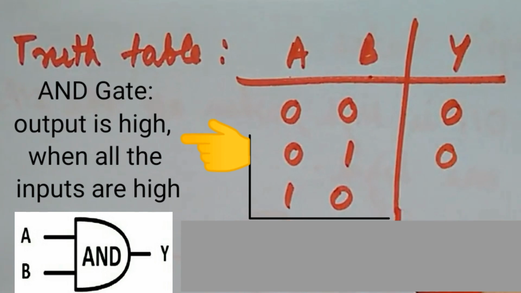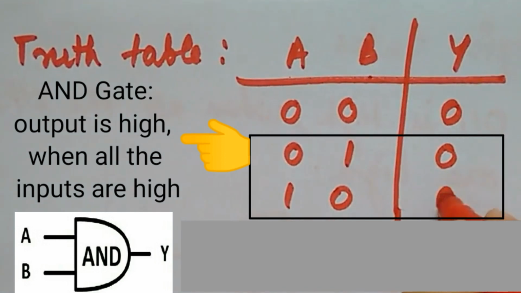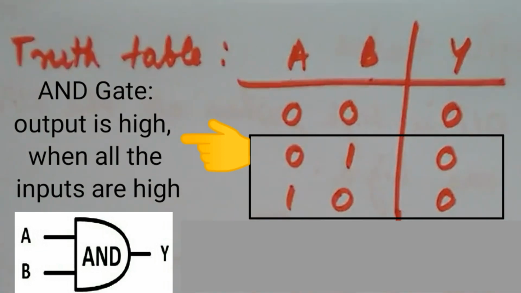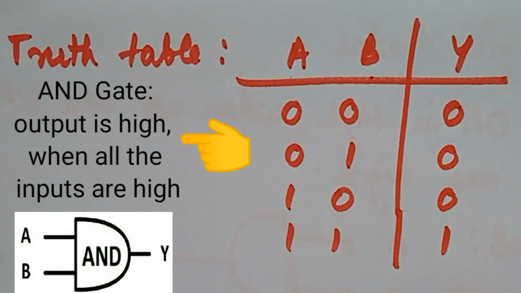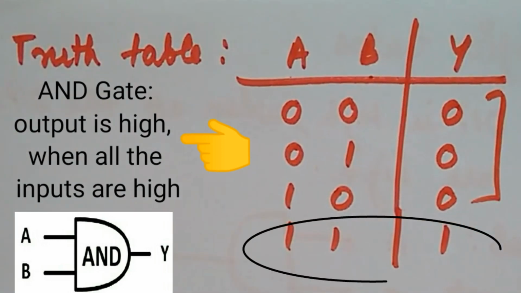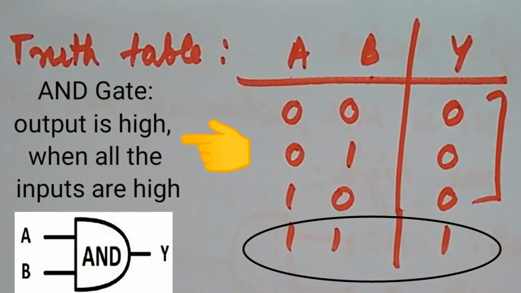In the second and third cases, one input is high and one input is low, but both are not high, therefore the output is 0. But for the last case, both the inputs are high, that means 1 and 1, and according to our condition, if both the inputs are high, then output will be high, therefore y becomes 1.